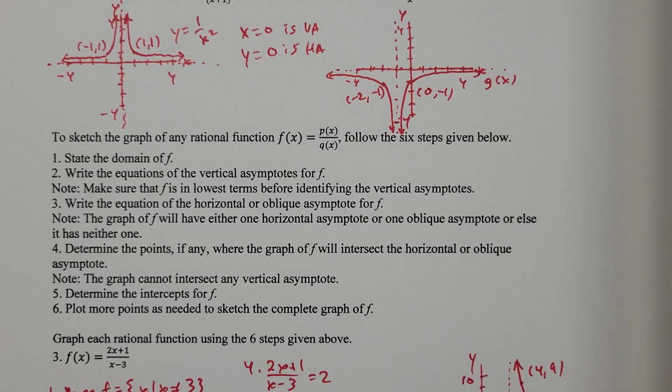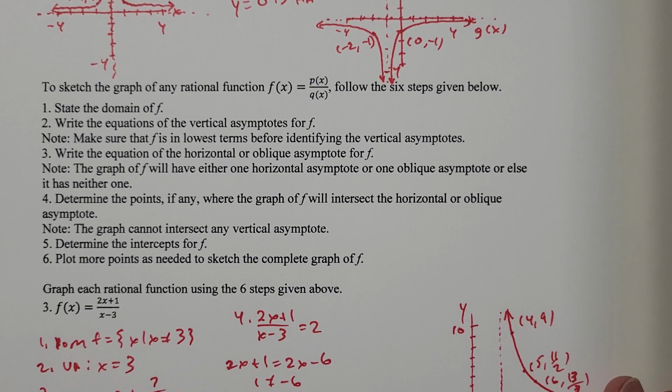As a note, the graph cannot intersect a vertical asymptote because otherwise it wouldn't be a function then. So you're only going to check if the graph will intersect horizontal or oblique asymptotes. Step 5 is where we want to determine the intercepts for f, all the x and y intercepts. And then step 6, you're going to plot more points as necessary to sketch a complete graph of f.